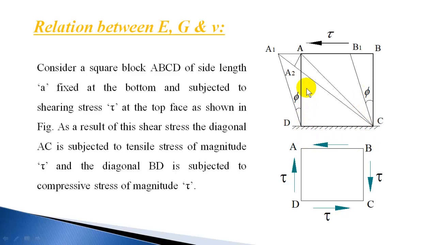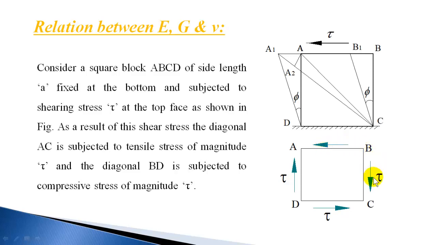So forces are induced like this, and as a result of this shear stress, there will be a shear stress induced on a mutually perpendicular plane, and this is known as complementary shear stress. Shear stress cannot exist on a plane alone.